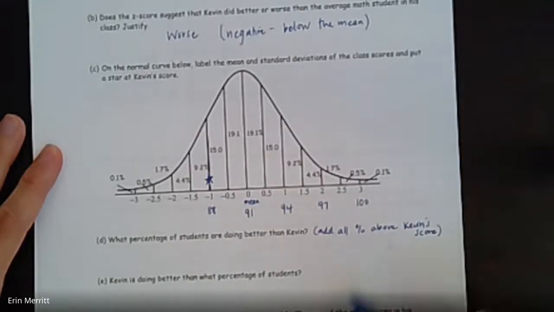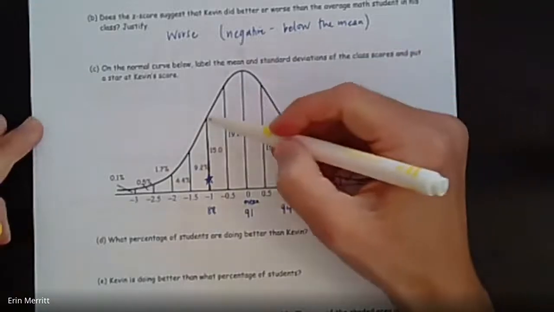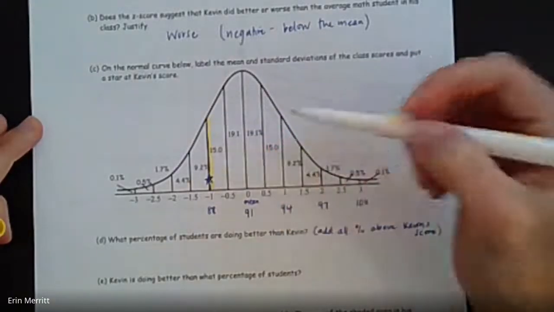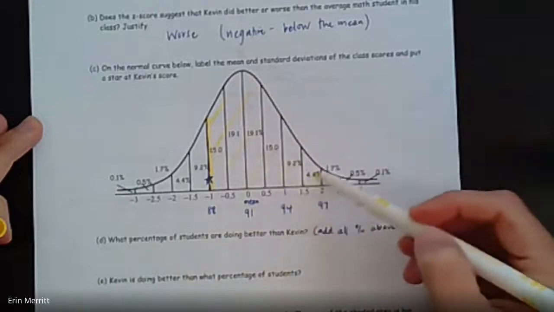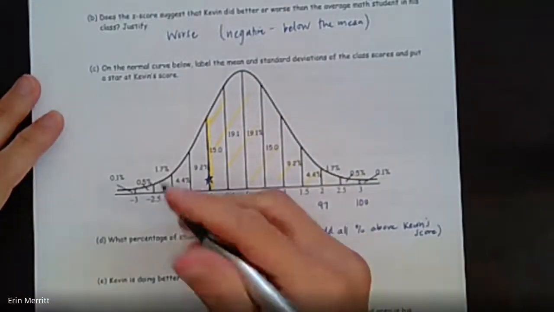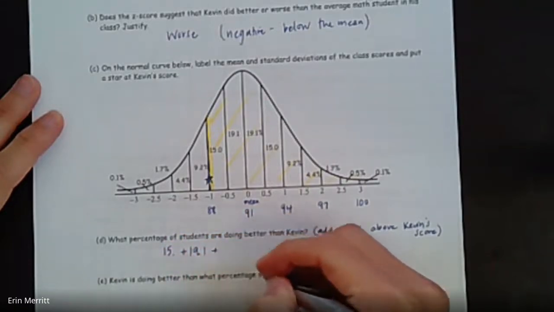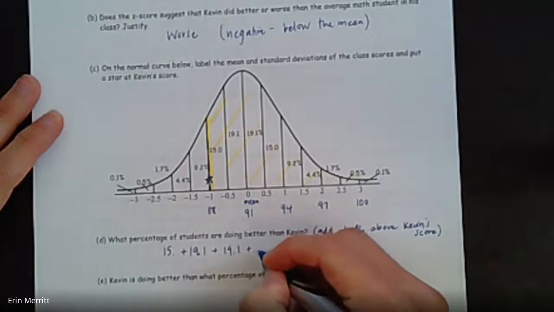So let's take this approach. If we add everybody up from here over, so all of this, that means we would be adding the 15% plus 19.1, and then keep going, another 19.1, and so on.